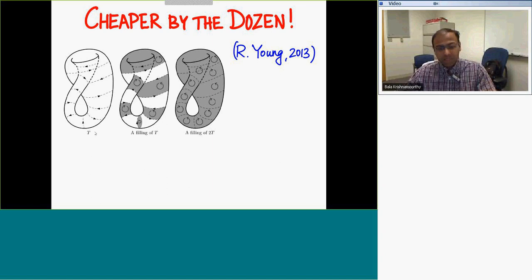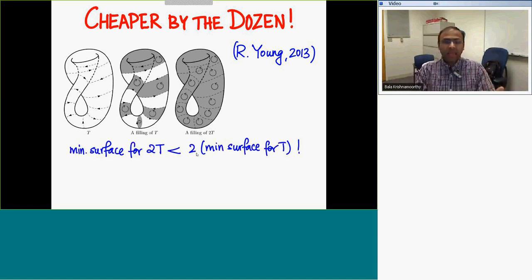If your input is 2t, so take every loop twice, then actually you can use the surface of the Klein bottle, and that will be a minimal surface. So you use this disk. In other words, the area of the minimal surface for 2t input is actually smaller than twice the area of the minimal surface for t. And if you take more than 2, of course it keeps going down.